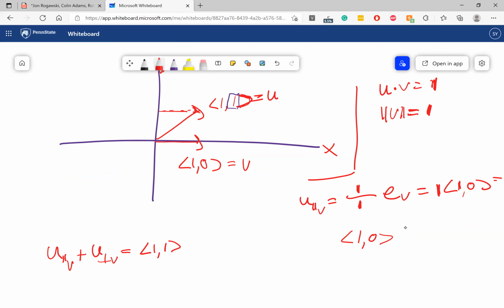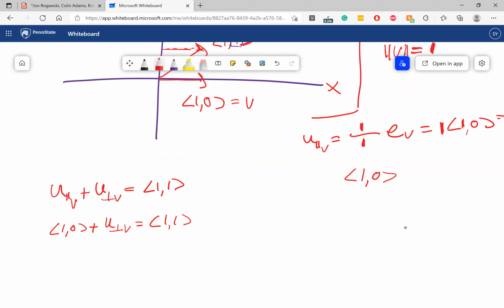I'm trying to find the component that is the projection in the direction of V, and then whatever is left that we just got rid of while doing this projection. So there's always some information that we erase, and that's what we're trying to find. So this is 0, 1 plus U orthogonal to V is equal to 1, 1. So anyone can tell me what is U orthogonal to V? 0, 1.